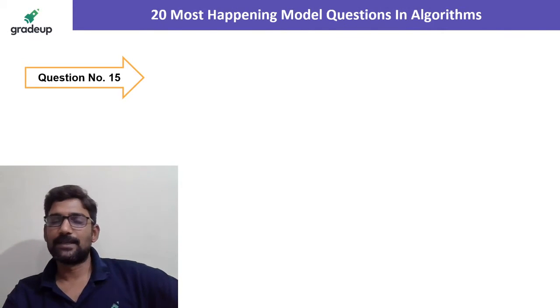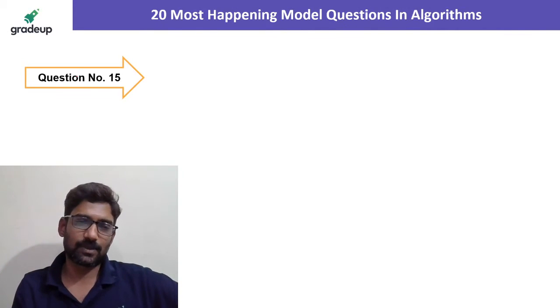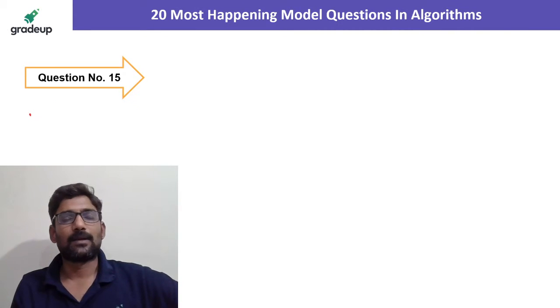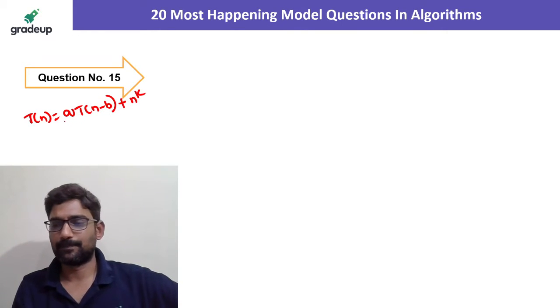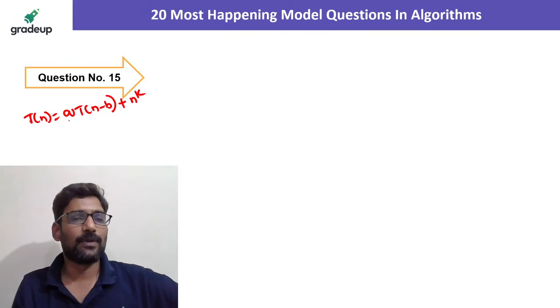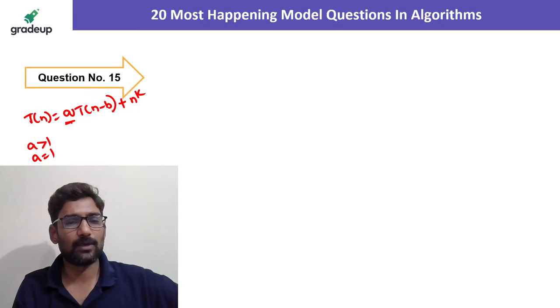Master theorem for decreasing function means, Sudhir, the format is T of n is equal to a into T of n minus b plus n power k. So we will just see the a value: when a is greater than 1, when a is equal to 1, when a is less than 1.